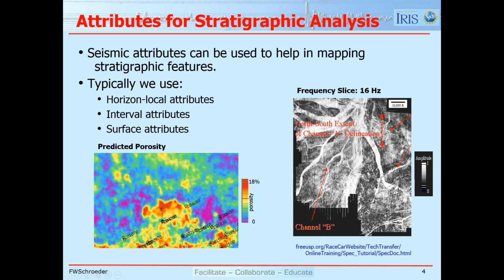Thinner ones would not be as bright, and thicker ones would not be as bright. And in this example, you can see the internet reference down here, it shows the distributive system for fluvial systems, and I think it's quite easy to understand that these white sinuous patterns here are marking major fluvial channels.